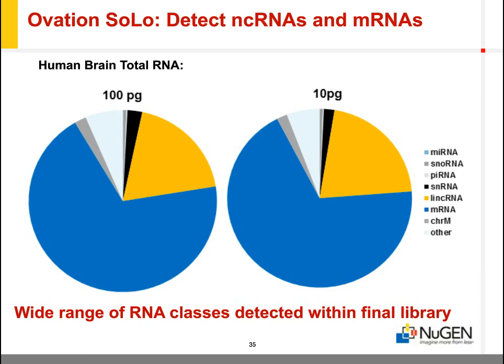While a majority did map to known mRNA sequences, a substantial portion of detected RNAs fall into the class of linked RNAs, which are beginning to be studied in cancer and other diseases and have been shown to perform regulatory functions within the cell. Various other non-coding RNA classes were detected as well, highlighting the utility of Solo in gaining a complete representation of the transcriptome and maximizing the information gained from a user's sequencing experiments.